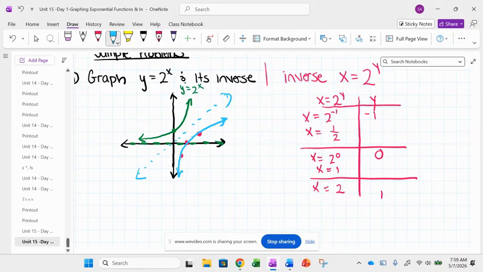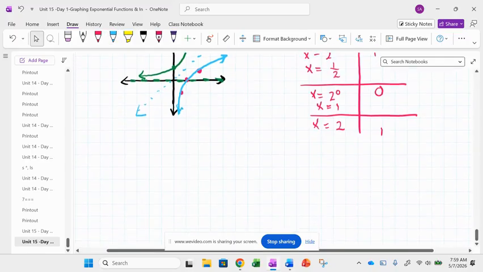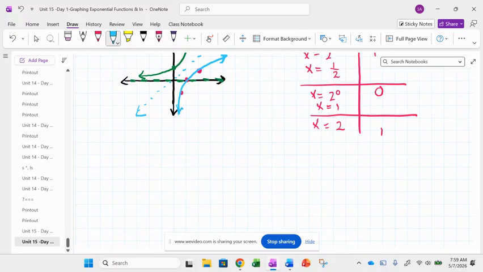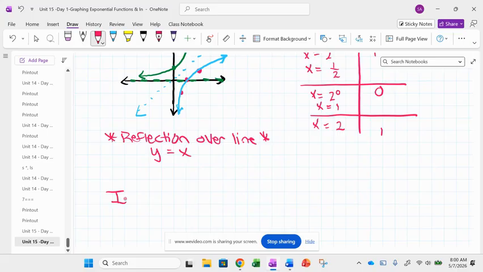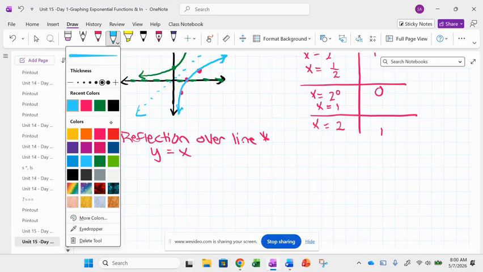So let's summarize the inverse. So put a star here. We're going to say reflection over line Y equals X. All right. So now let's talk about everything we need to know about the inverse.